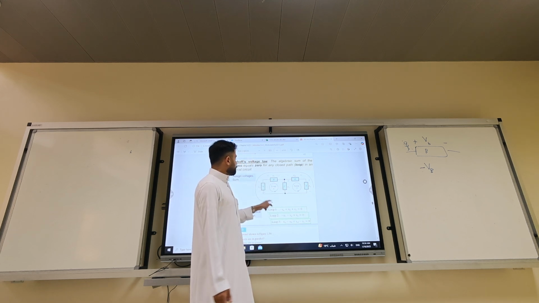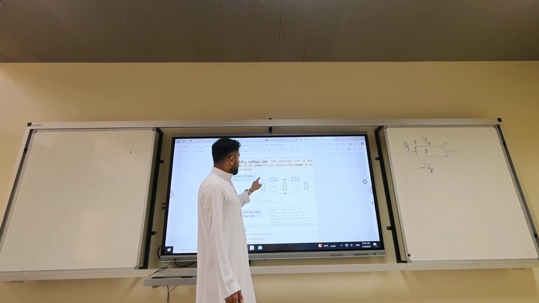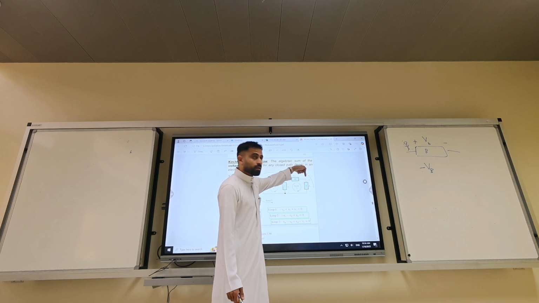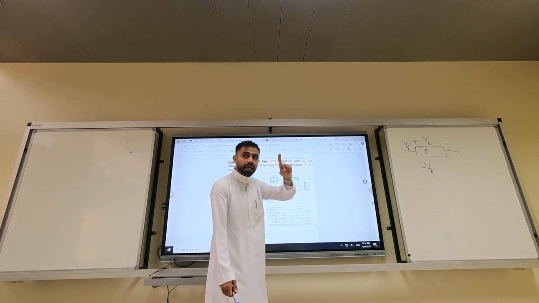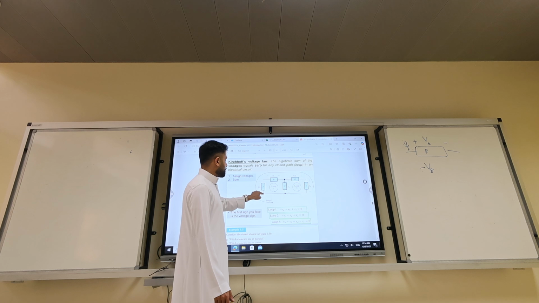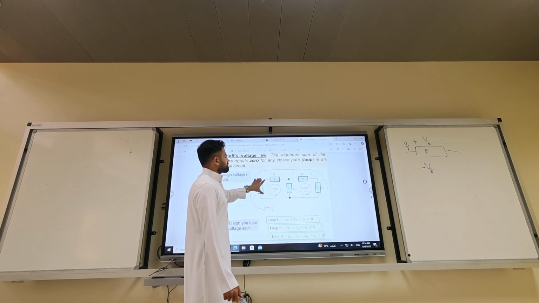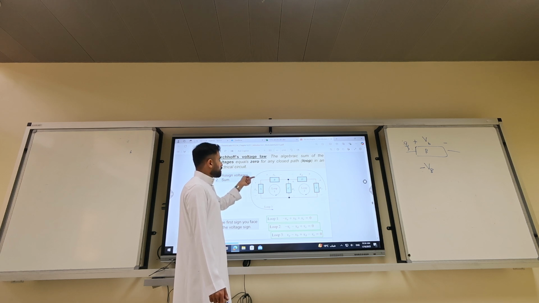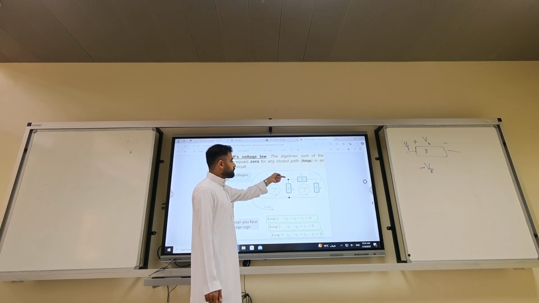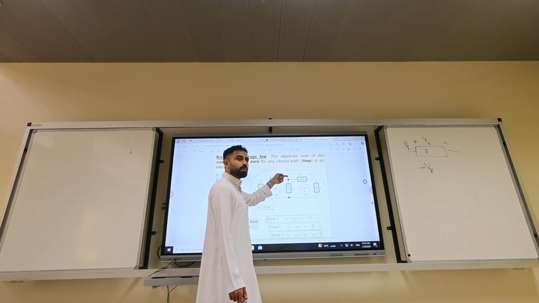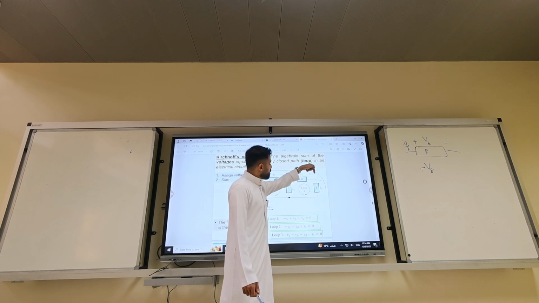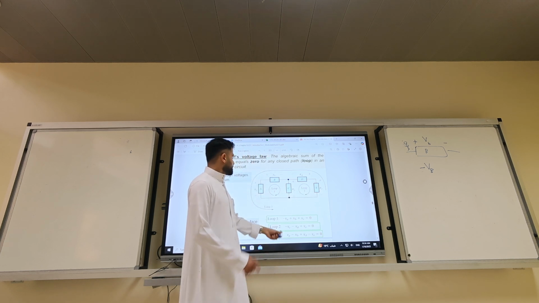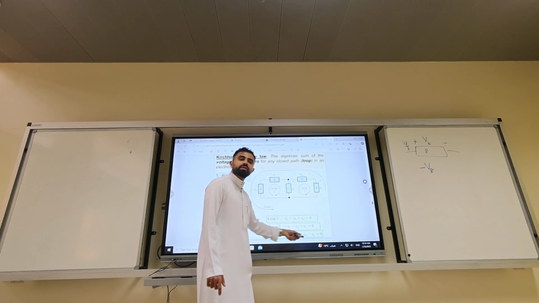The outer loop: VA minus VB plus VD minus VE. Again, I'm here. Voltage rise plus VA, voltage drop minus VB, voltage rise plus VD, voltage drop minus VE equal to 0. It's the same equation as loop 3.